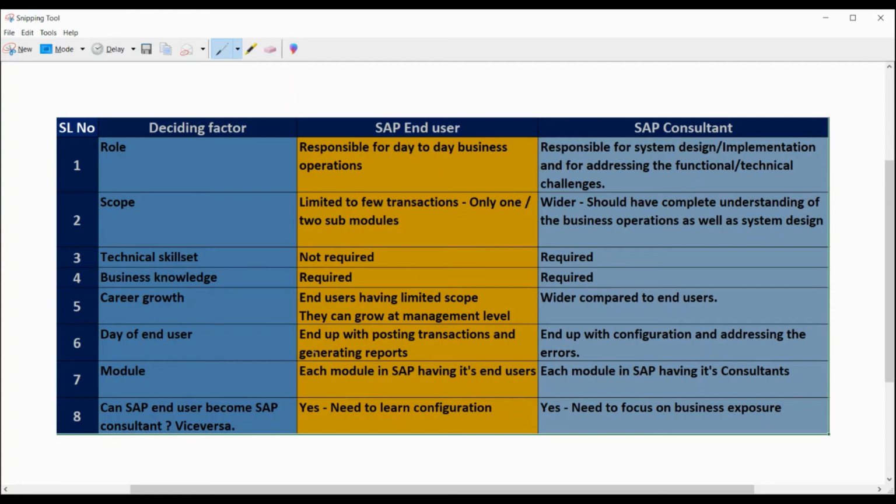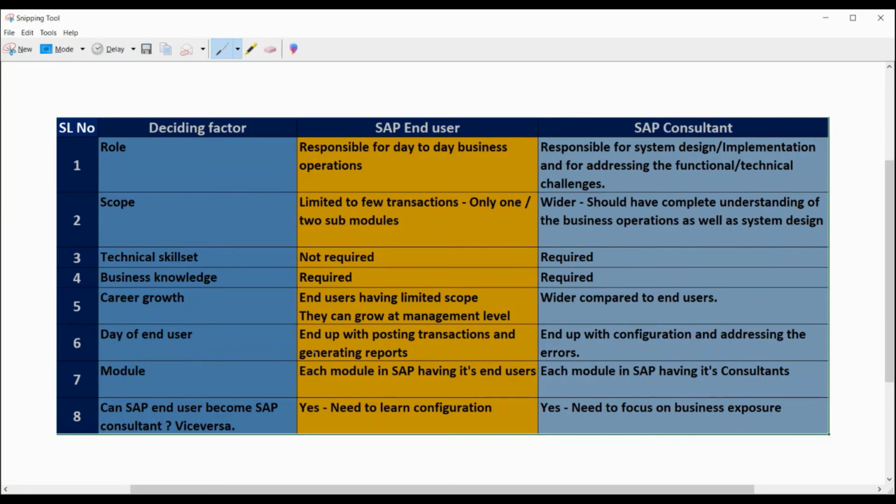So obviously he should have knowledge, understand things, and provide solutions. Each module in SAP, like FICO or MM, has its own end users, and each module has its own consultants.